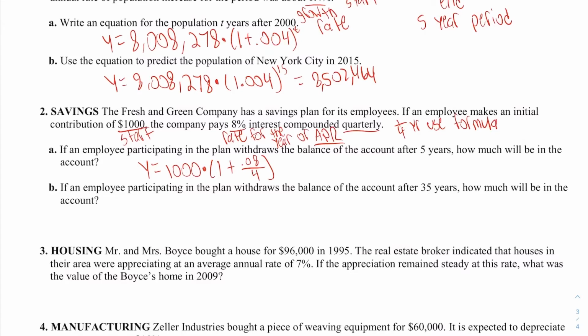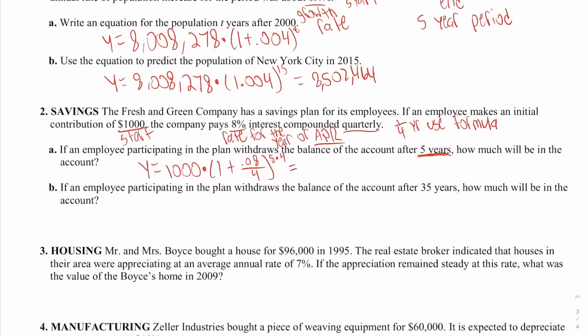Then for the exponent, if we're compounding quarterly, and they gave me the scale here of 5 years, my exponent is not just going to be those 5 years, because in each one of them, it got compounded 4 times. So we have to put 5 times 4.